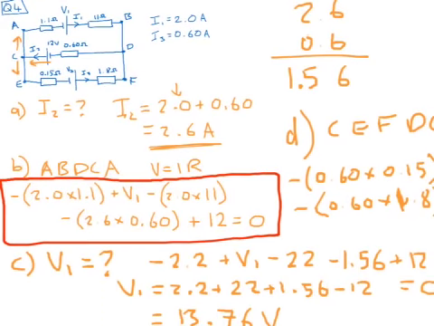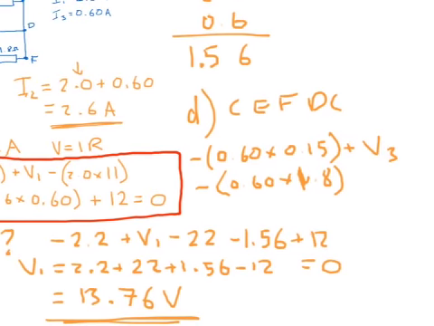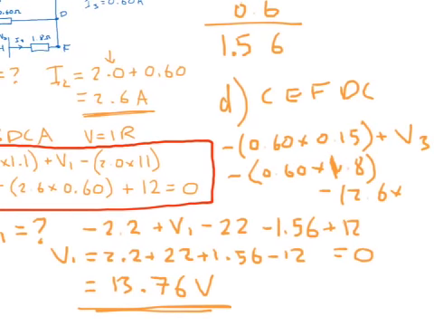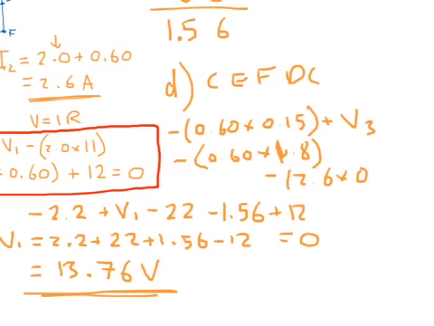We've got the plus 12 as we're increasing there, and we've got the minus I2 times 0.6, so this minus I2, what did we work it out to be? 2.6 times by, the resistance was 0.60, and then it was plus 12.